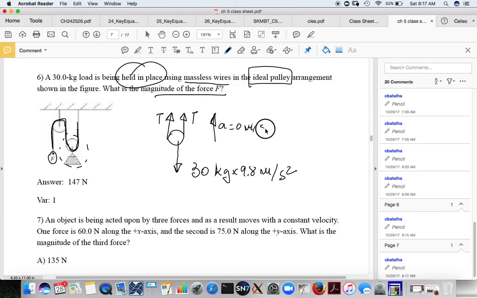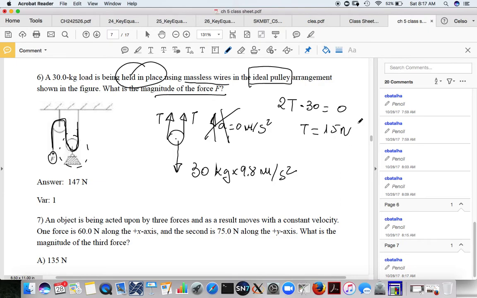There is no acceleration. So if you look at this system here, what you conclude is that T plus T minus 30 is equal to mass times acceleration, which is 0.